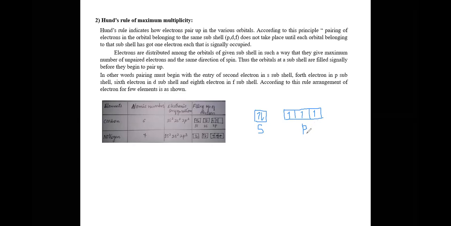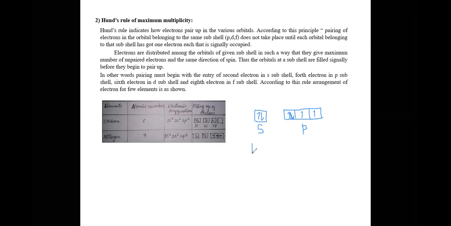Pairing in the p orbital starts with the fourth electron. This is the fourth electron. So pairing starts with the fourth electron in the p subshell.